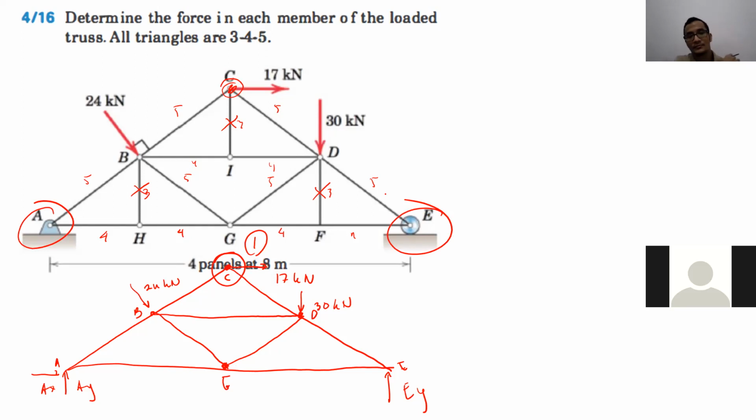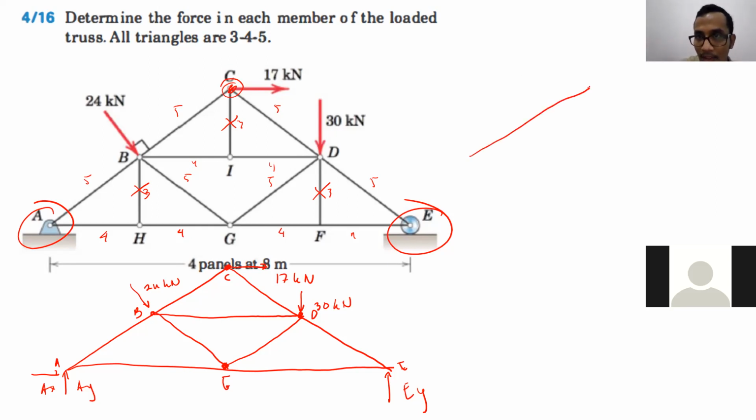So instead of starting from joint C, the first thing that we're supposed to do is solve for AX, AY, EY. Do you get it, Judy? So we assume all of those members, we can assume like this.